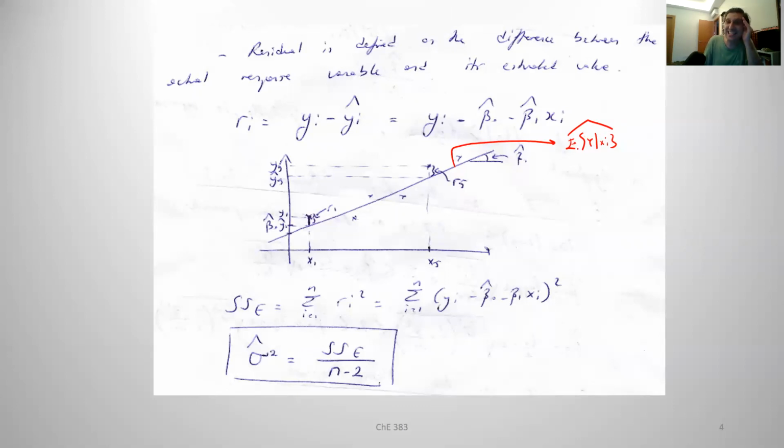Since this is the estimate, the difference between the actual observation and this point here is not going to be the error, but what we call the residual. If instead we had known the true values of beta 0 and beta 1 and plotted that line, then the difference between the actual observational point and the true expected value would have been the error.